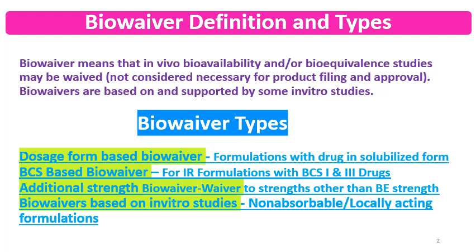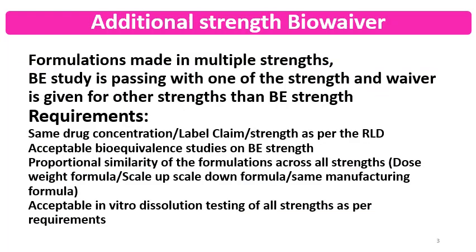So these are the types of biowaivers. Then for additional strength biowaivers, there are some key considerations. The formulations are made in multiple strengths based on the indications and the patient population. The BE study is passed with one of the strengths and a waiver is given for the other strengths than the BE strength.